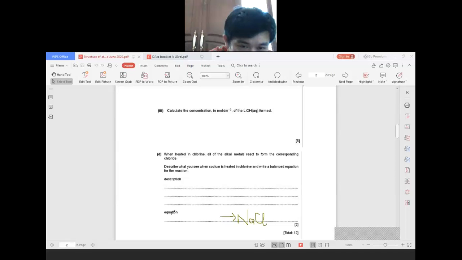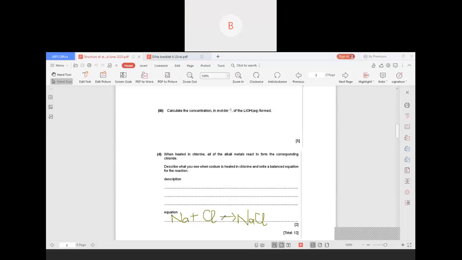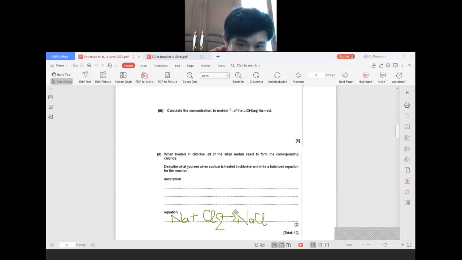And then this one is Na plus Cl atom or Cl2, Brian? Cl2. Chlorine at room temperature must exist as a diatomic molecule. So Cl2. And then balancing, this is 2, and then this one 2.